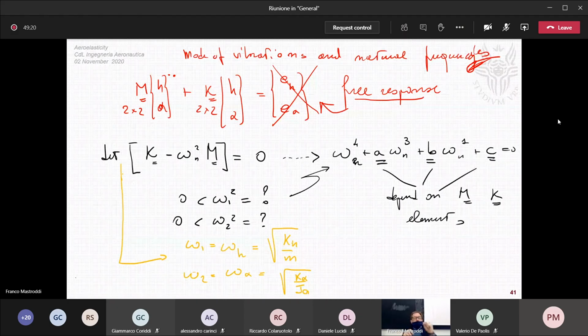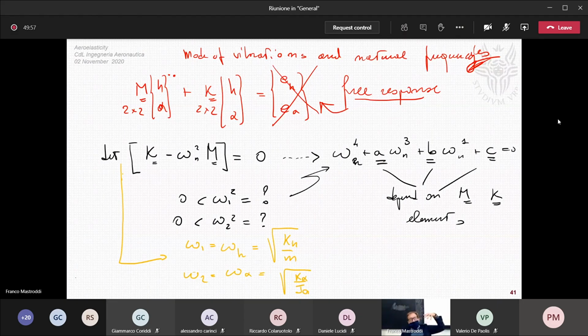When you have the elastic center, which is the same point as the mass center, and you are representing the vertical displacement of such a special point, only in this case is the bending uncoupled with respect to the torsion. Okay? So these two special frequencies, omega h and omega alpha, are not the natural frequencies of the system, but are the natural frequencies of the uncoupled dynamical system.